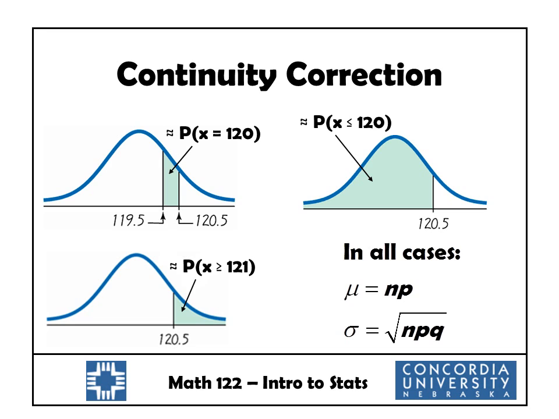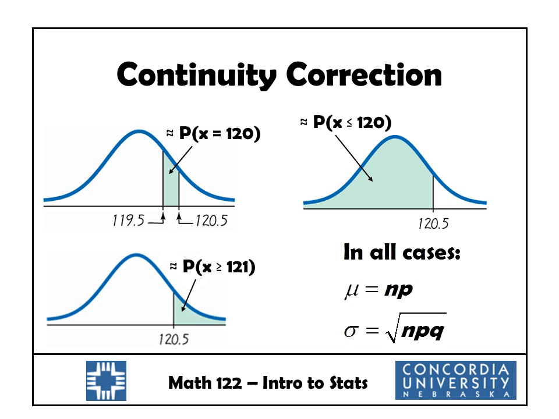And so, for instance, to find the probability that x equaled some number like 120, here x was the number of successes, we found the area underneath the bell curve between 119.5 and 120.5. So we subtracted a half and added a half and found the area underneath that bell curve. Now that bell curve has a mean of np and a standard deviation of square root of npq.